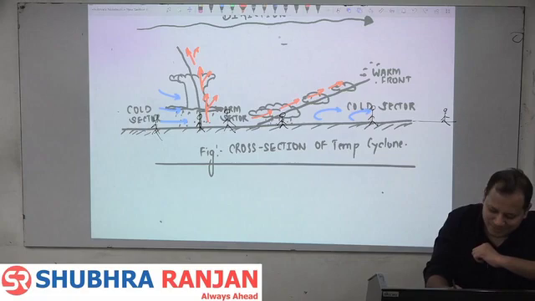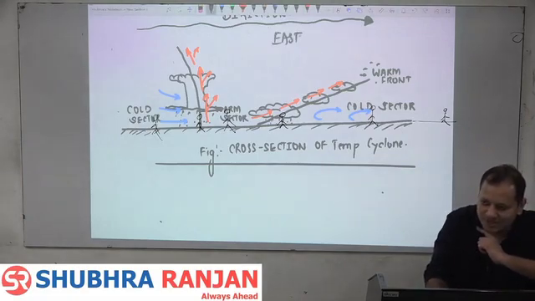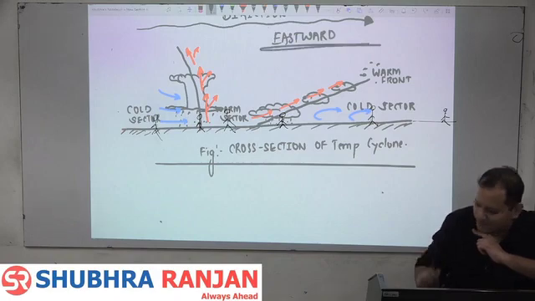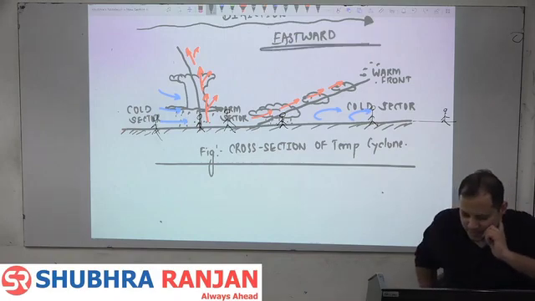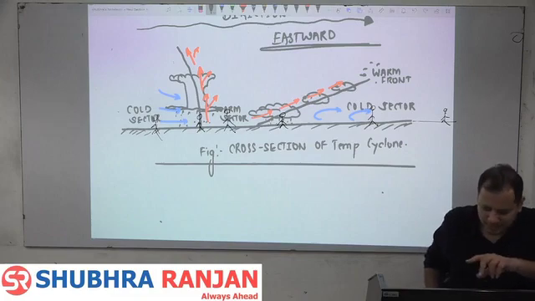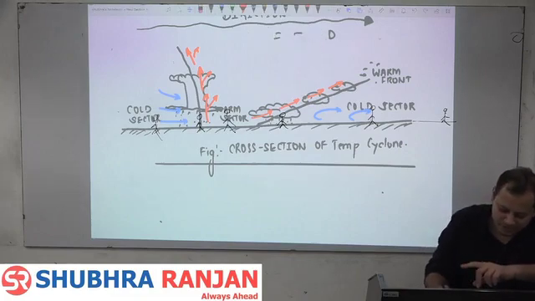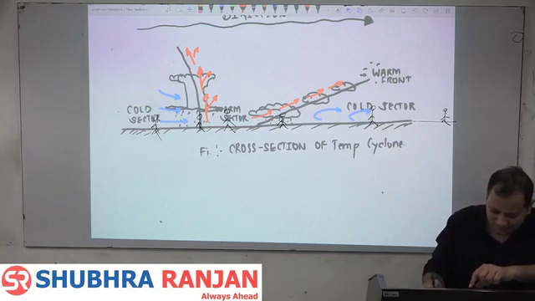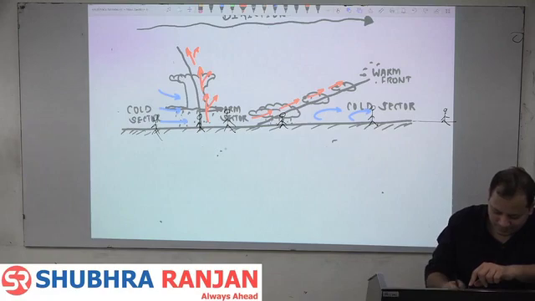What you will write: eastward moving temperate cyclone. The observation point of an eastward moving temperate cyclone experiences different weather conditions.